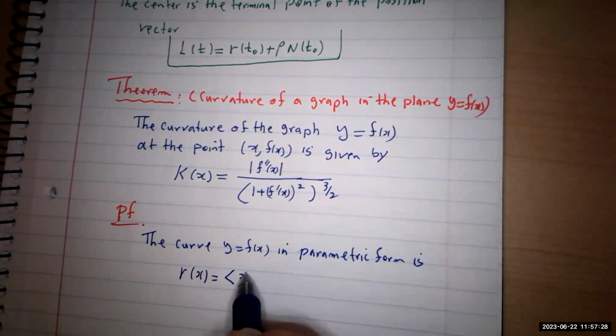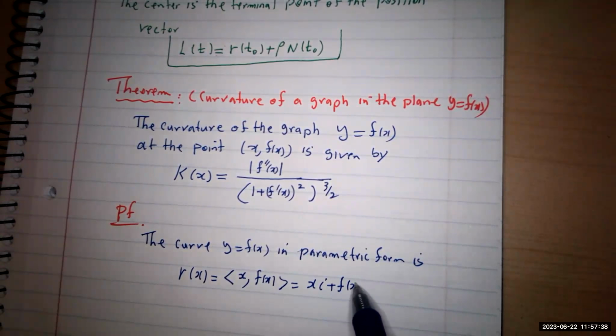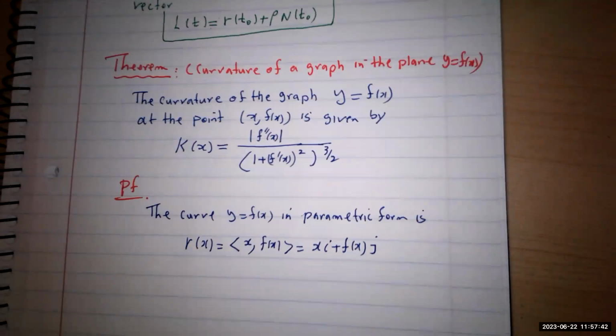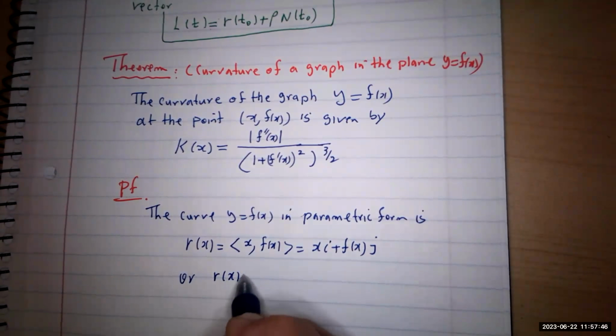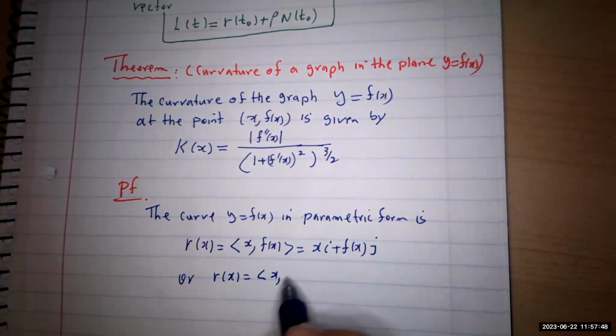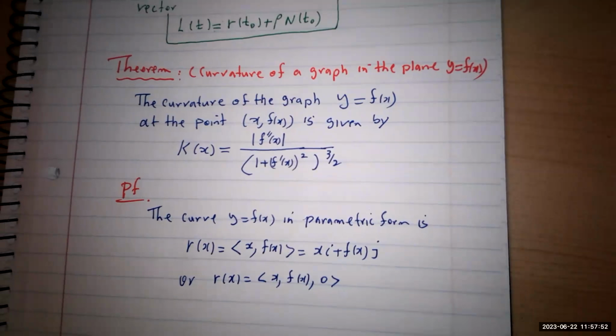We have x and y, x and f of x. That's it. Which is x i plus f of x j. Or if you like three-dimensional, r of x is what? x, f of x, and 0. That's it.